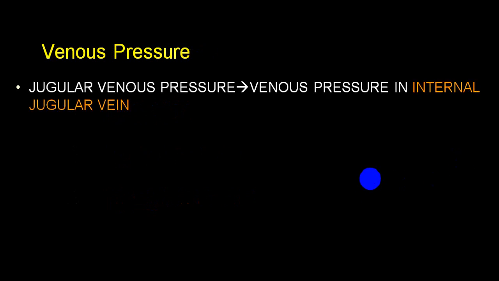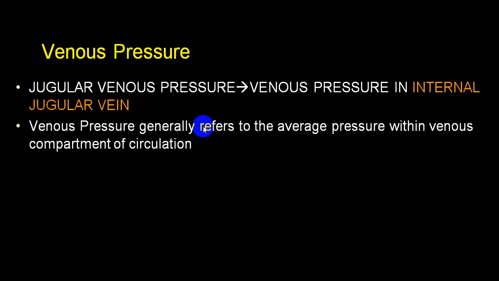Now regarding jugular venous pressure, we'll try to finish up. It will be easy. Jugular venous pressure is the venous pressure in the internal jugular vein, and that reflects indirectly the pressure in the right atrium and right ventricle.